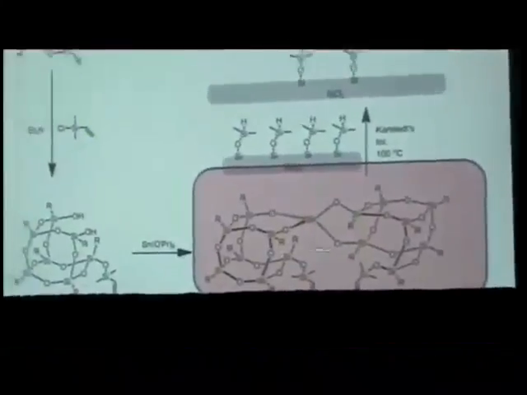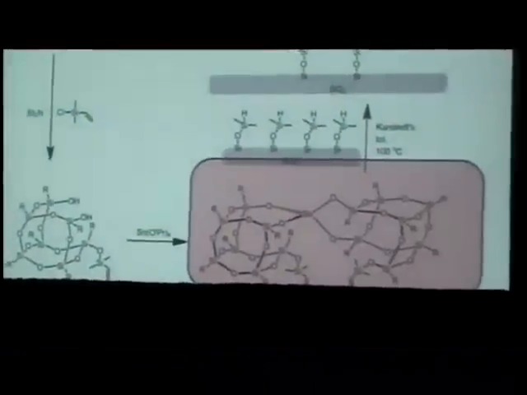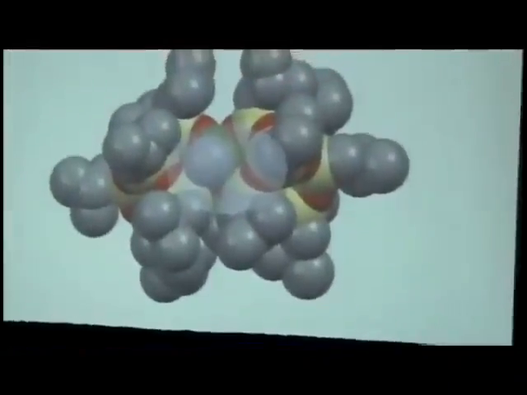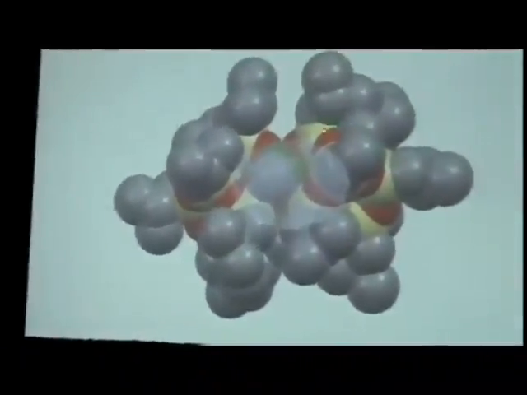So after we make this, we were asking how easily available is this tin to the reaction? After all, we have R groups. Although we can change the size of the R group, that's one of the flexibilities that we have, the particular R group that we have is the isobutyl, and this is a molecular space-filling model of it.